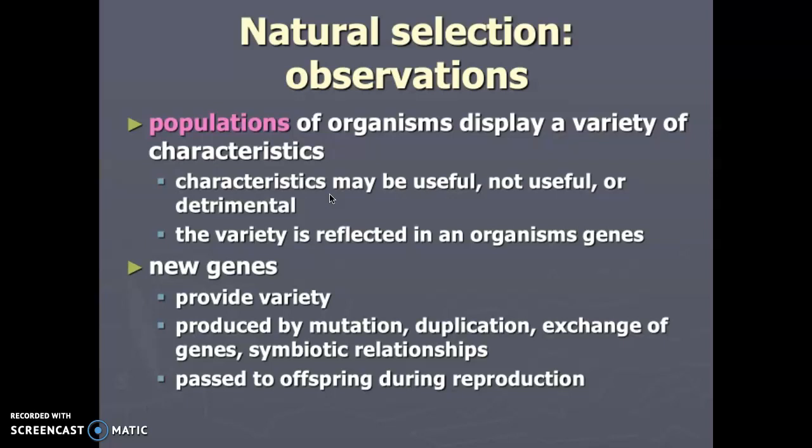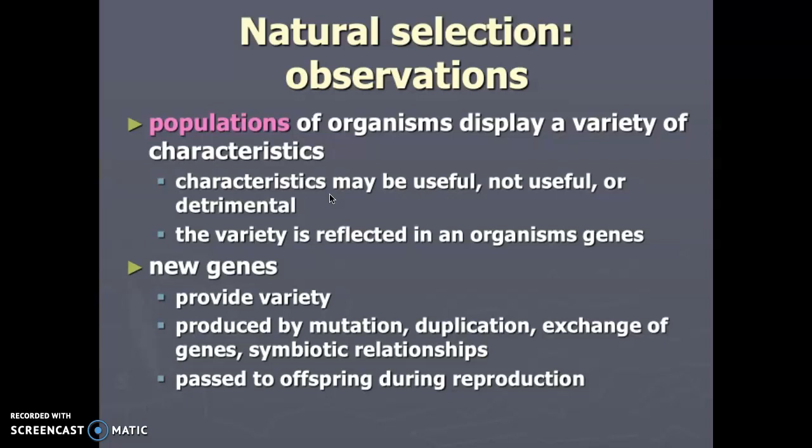He directs the work around the farm. And one of the things that he notices is that if you look at a population of organisms on a farm, even when they're the same species, they display a very wide variety of characteristics. Some of those characteristics might be useful, some are not useful.